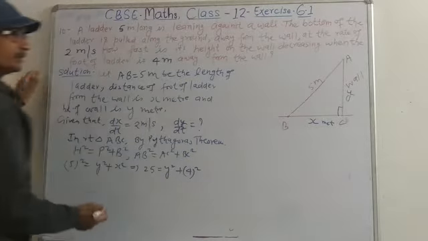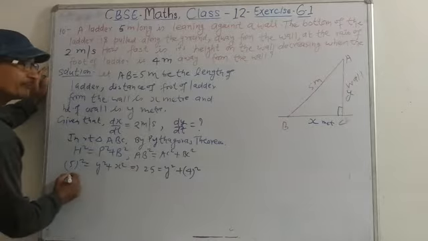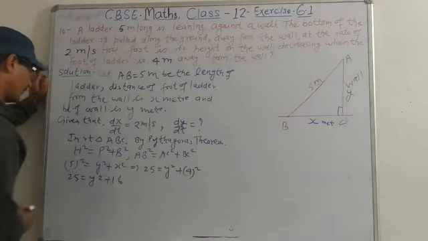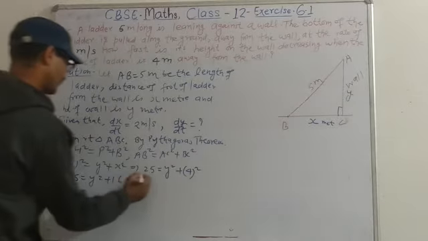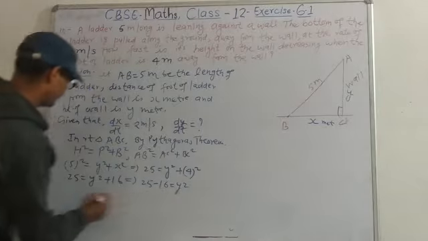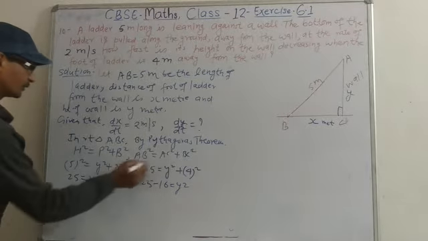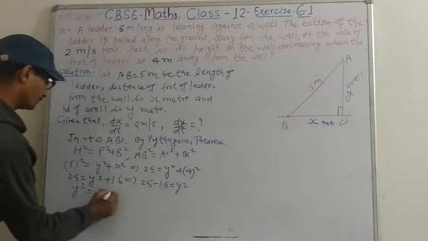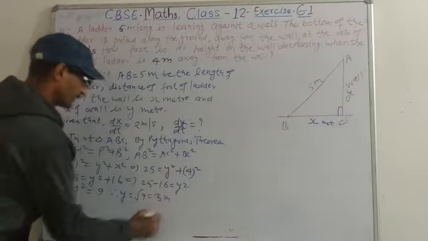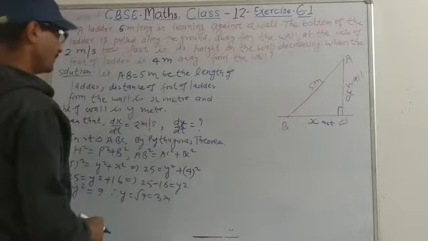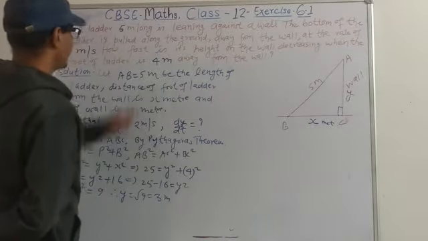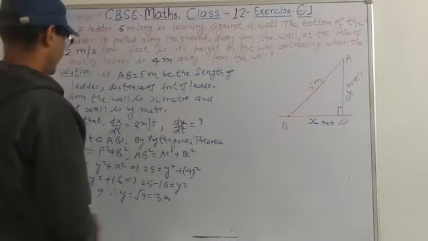X is 4. So 25 is equal to y square plus 16. This implies that 25 minus 16 is equal to y square. So y square is equal to 9, therefore y is equal to root 9 is equal to 3 meter. So we have the x and also we got this 3.